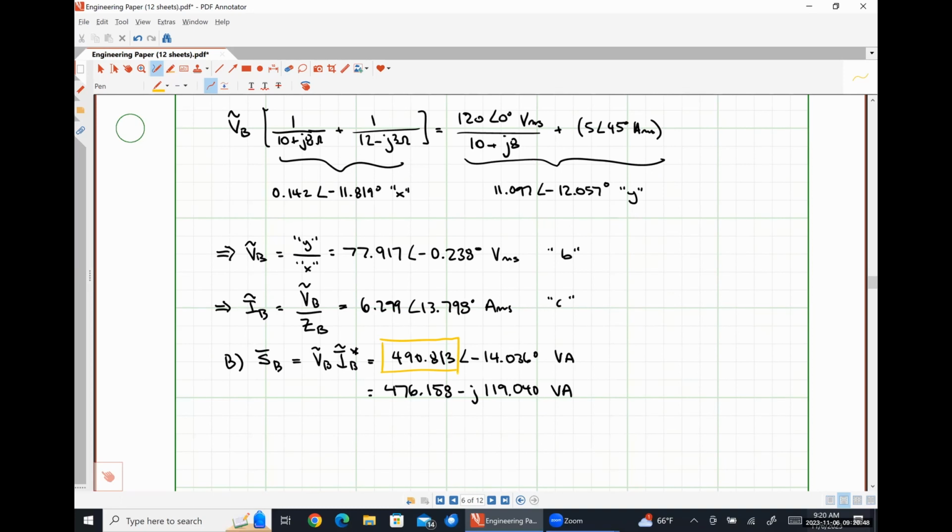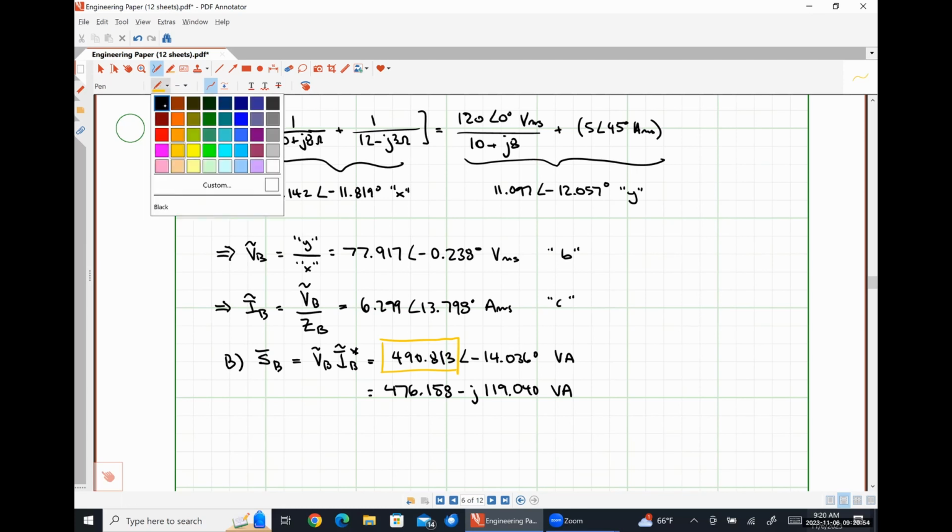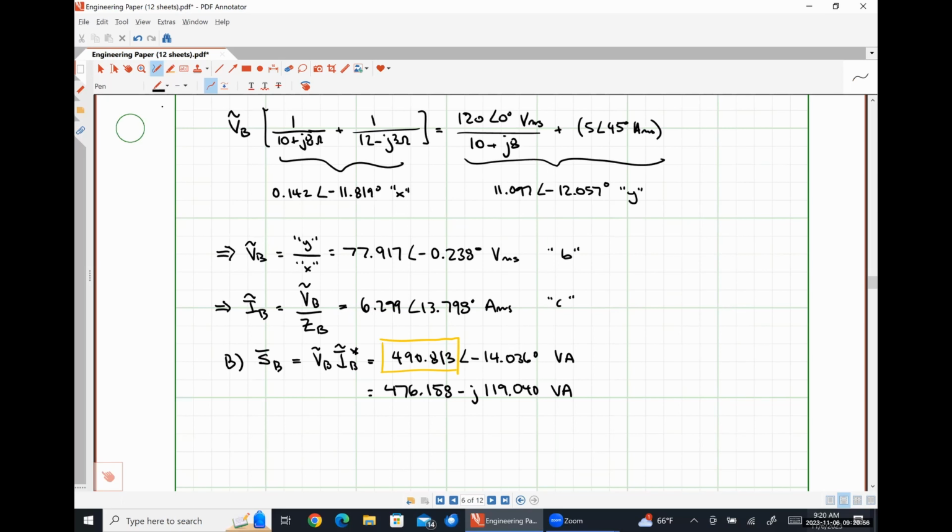Okay? The units for this would be volt amperes, reactive. No, sorry, volt amperes. So 490.813 volt amperes.